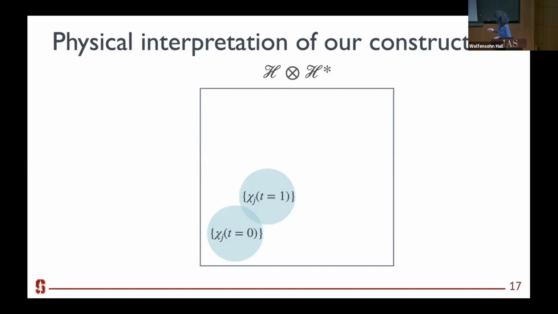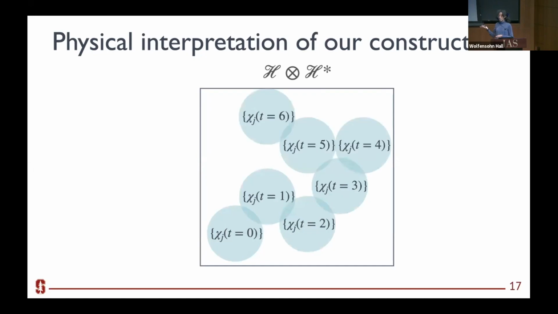And as you go on in time, you fill up operator space. And this is facilitated by the fact that the dimension of your operator space is much larger than the number of operators at each boundary time point. So n is much smaller than the dimension of your operator space.